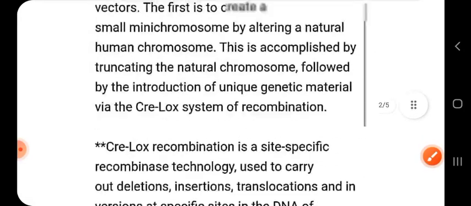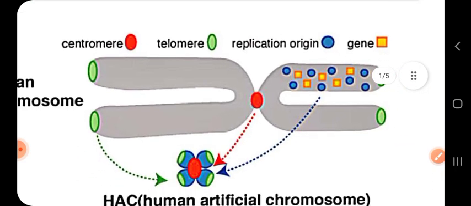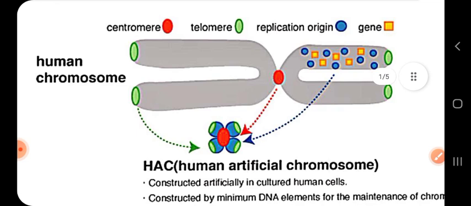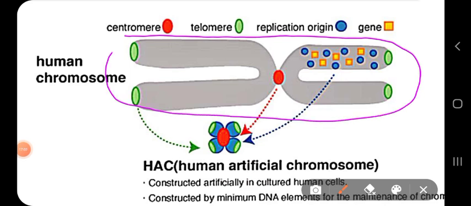Now I have taken a diagram from an internet source that you can see here. The figure above is the normal chromosome, while the small figure below is the human artificial chromosome.